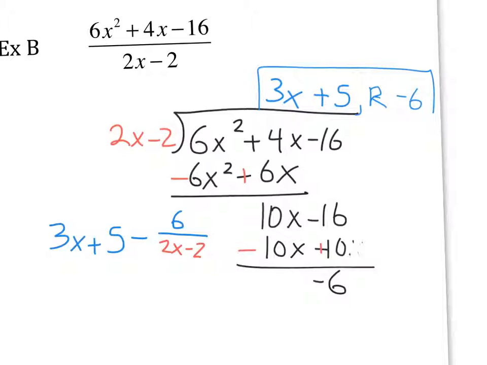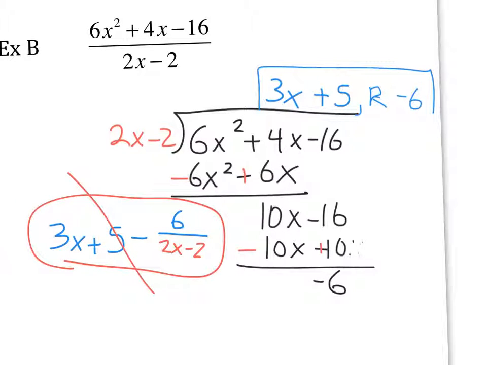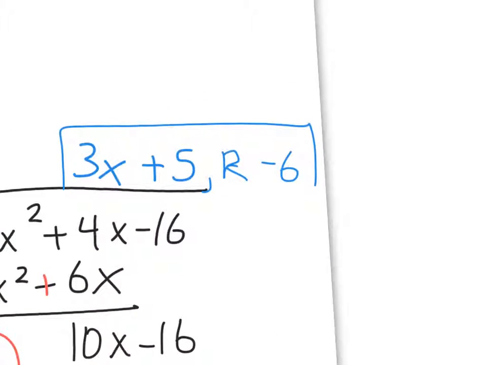You might see it written like that as a fraction, where the remainder is a fraction. But I'm just going to show you that we're not going to do that one so much. So let's focus our attention on simply remainders. The book uses a capital R. Historically, I've used a small r. The book also uses a comma, but I've never used a comma. So just know that they're all equivalent.